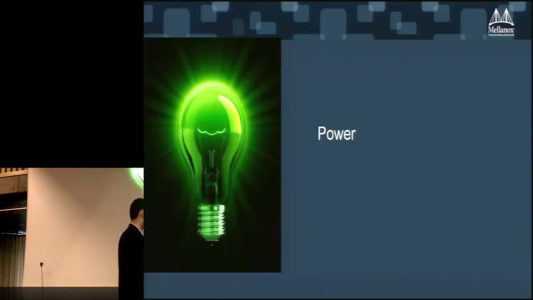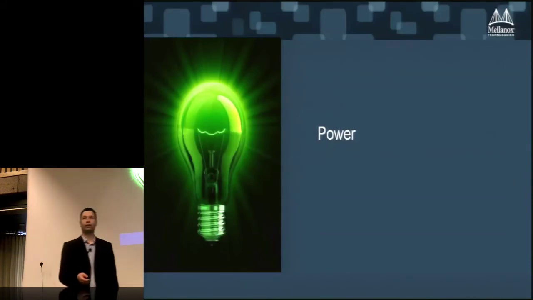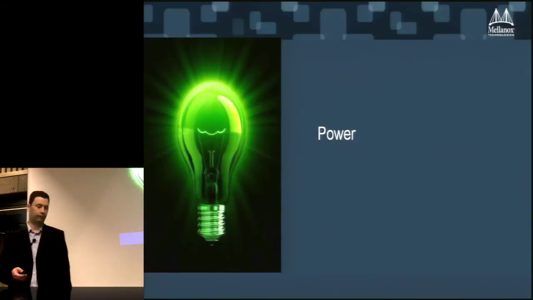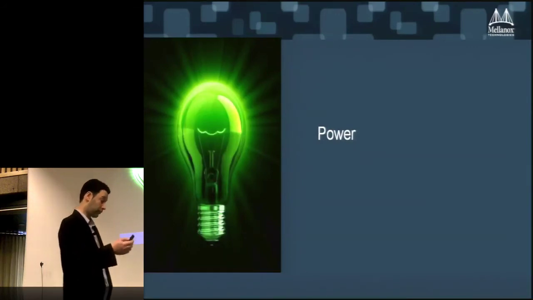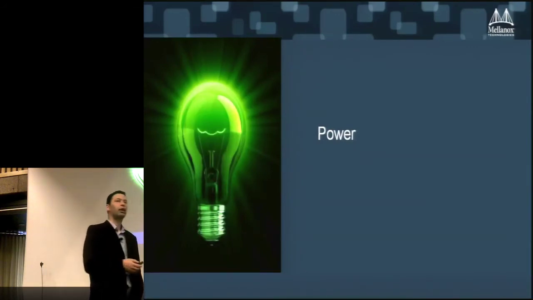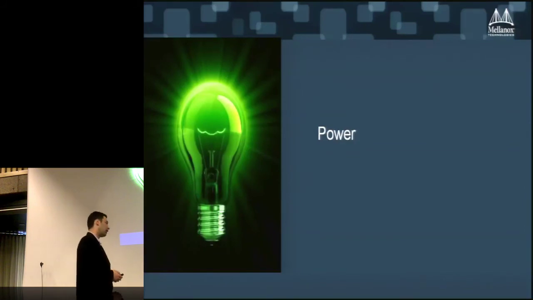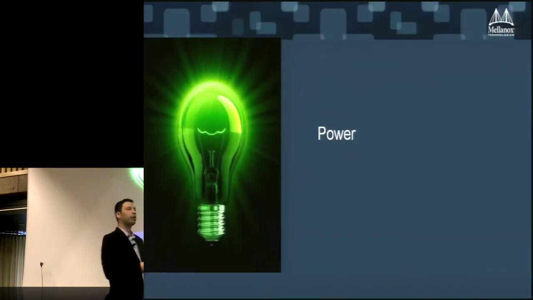Okay, power is a very concerning thing, and we've seen in those presentations of DigiPanda that we're close to the envelope. And one of the key things in power is yes, we need to save power, and we need to do a very efficient power design.